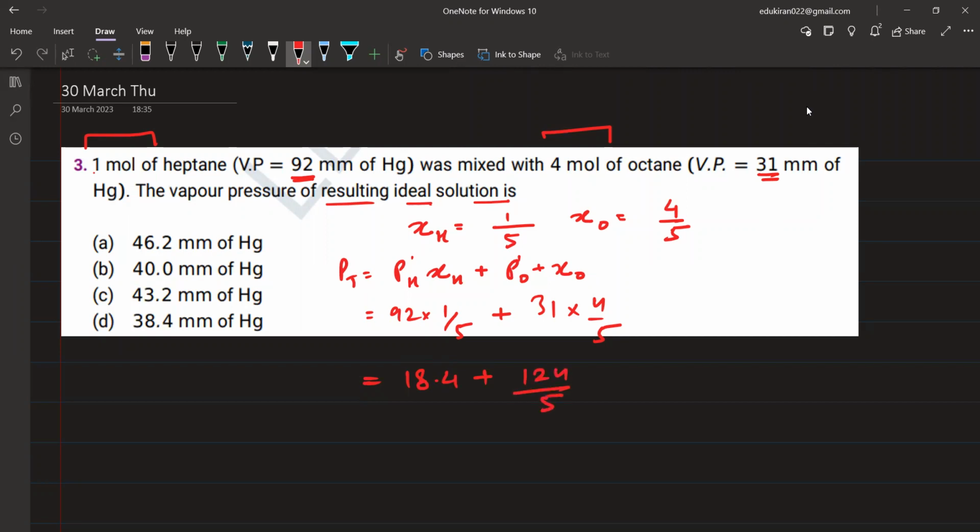Now 124 divided by 5, 5 2s are 10, 5 8s are 40, है ना? So this will be 18.4 plus 24.8, 43.2. C is the correct answer.